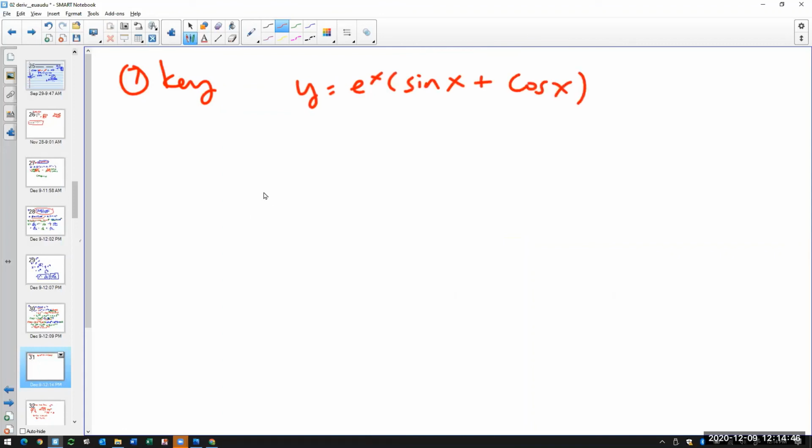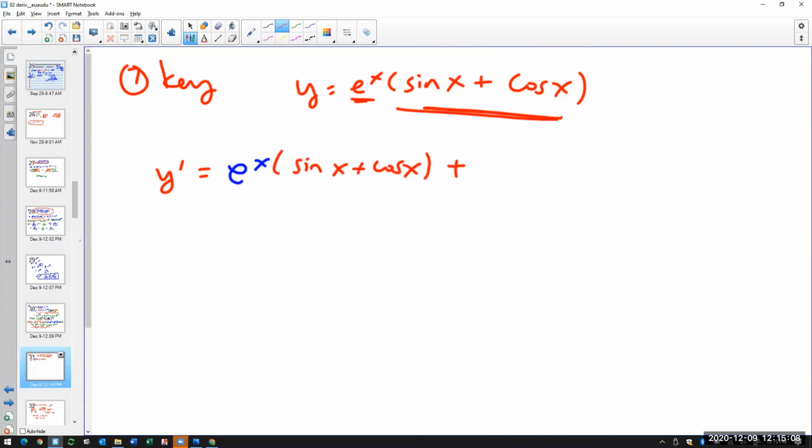Okay, here we go. The derivative of this would be, let's see. Do you see there are actually two things going on here, right? E to the x and sine x plus cosine x. So it's going to be product rule. It's going to be the derivative of the first times the second plus the derivative of the second.